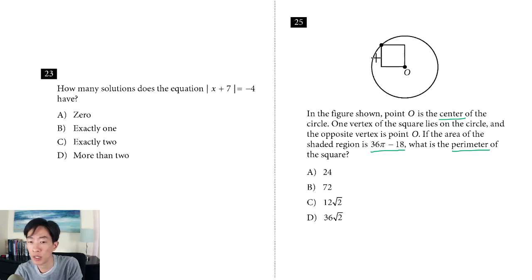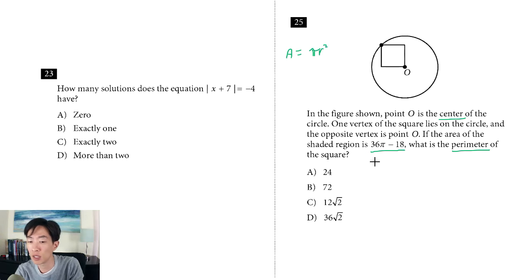Now, if you're trying to find the area of just that region, think about it logically. It makes sense that you would take the area of the entire circle minus the area of the square. And that's actually very convenient because look at how they express the area. You're taking something with pi minus 18. And you should all know that the area of a circle is pi r squared.